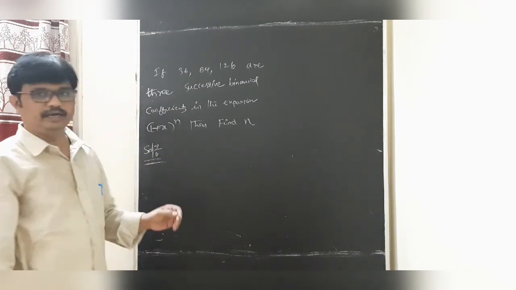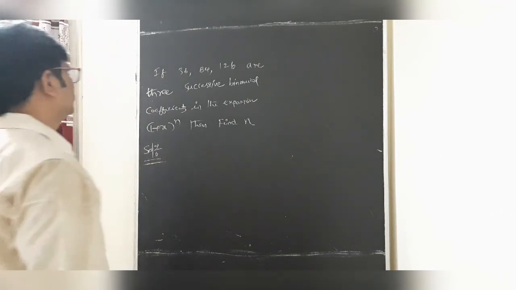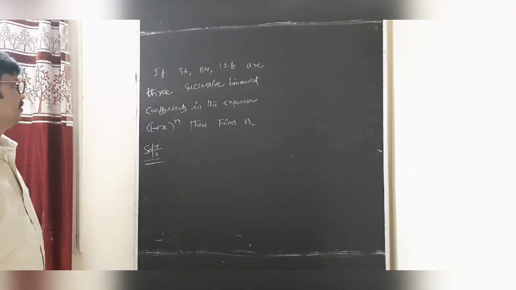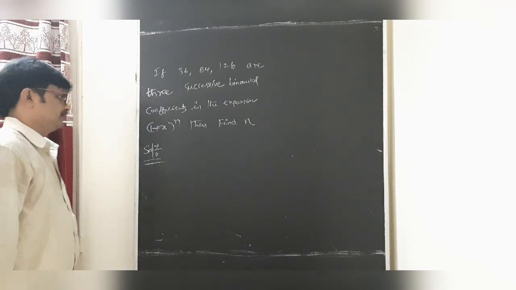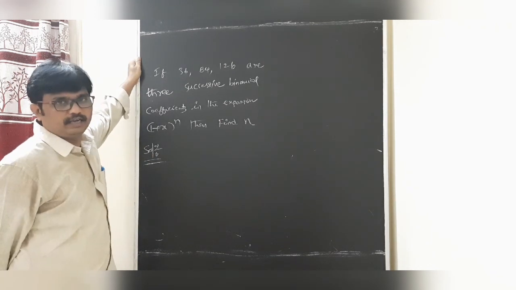Okay students, then find the value of n. Dear students, 36, 84, 126 are the three successive binomial coefficients in the expansion 1 plus x whole power n. Then find the value of n.